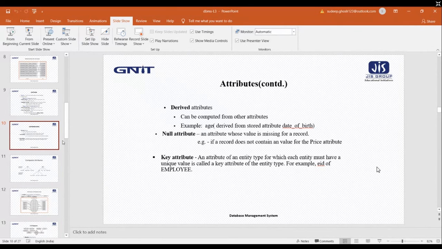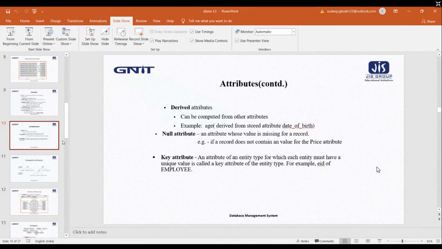Now there is a difference between null and zero. For example, there are options for students that you can give exams for subject 1 or subject 2 or both. Some students have given the exams for both subjects, and some students have given the exam for only one subject.